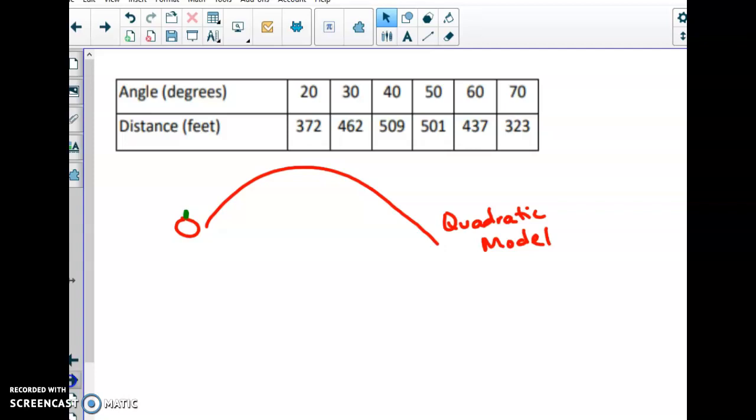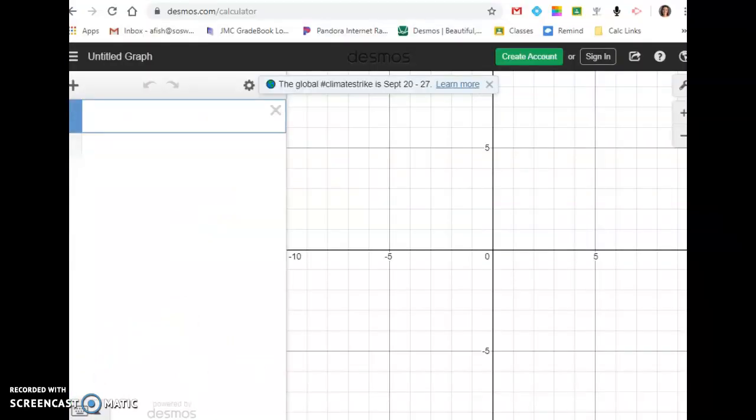Okay? So in Desmos, we can actually use this data in order to find the line of best fit based on our data points. In order to do that, we're going to go to Desmos. There's a plus sign up at the very top here which you're going to click, and then, okay, not working for me. Hold on.